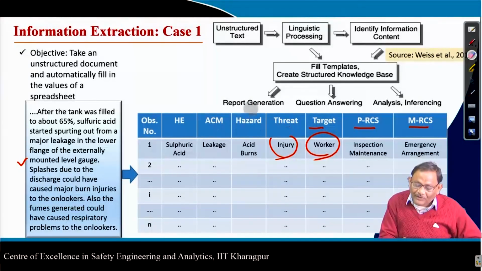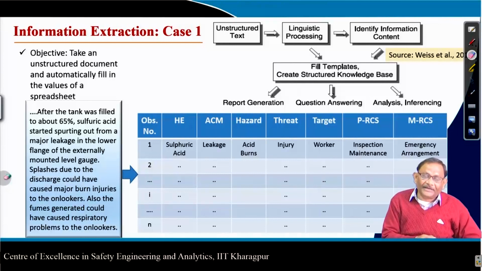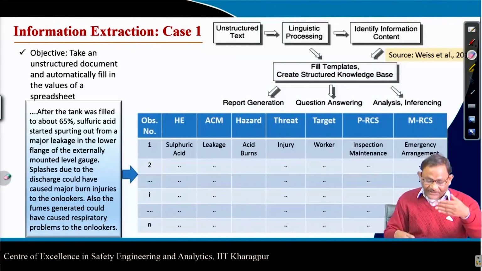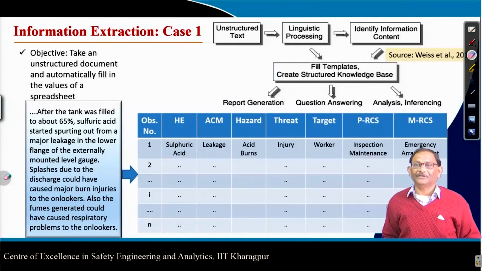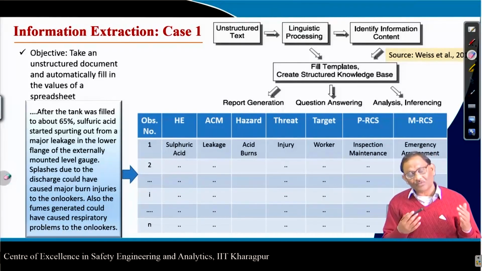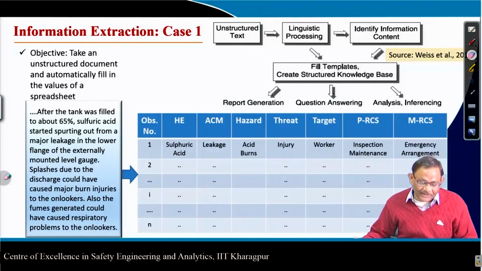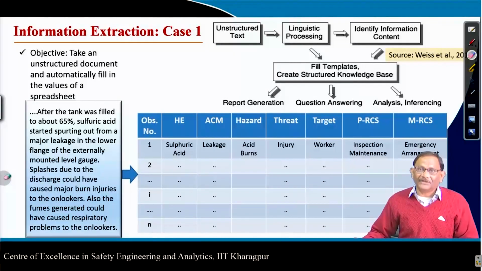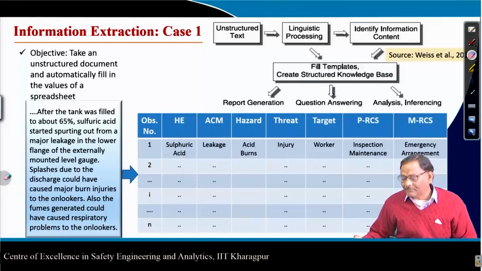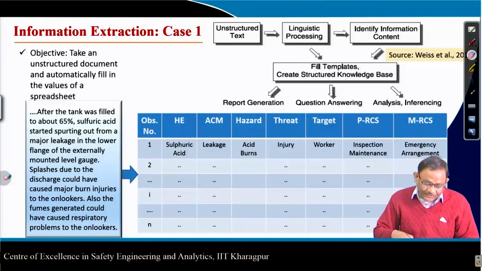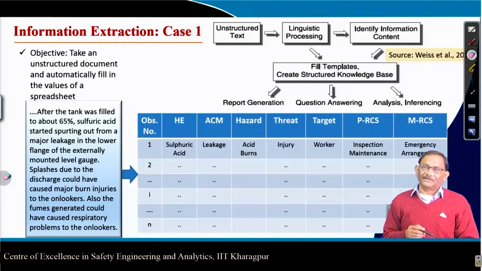basically we want to find out data from each of the narratives. If I have 1000 narratives, I will be having 1000 observations. Maybe it may so happen that in one narrative there could be more than one path, so it will be k times 1000 observations that you can generate.